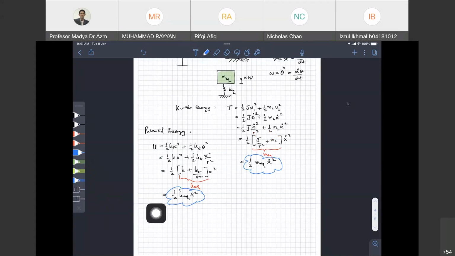So it should be very straightforward. This one is just to increase your analytical skill. Although in practice you will not use this one, it's good to have an analytical skill at some point.